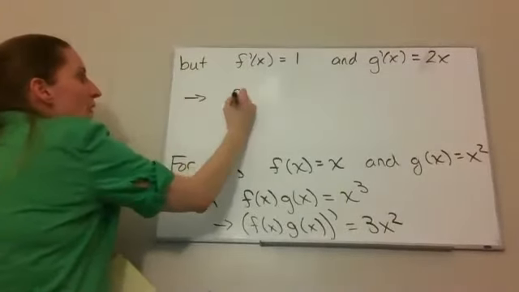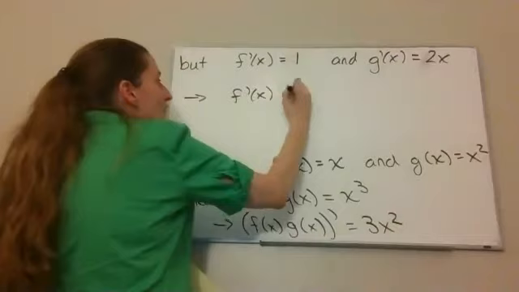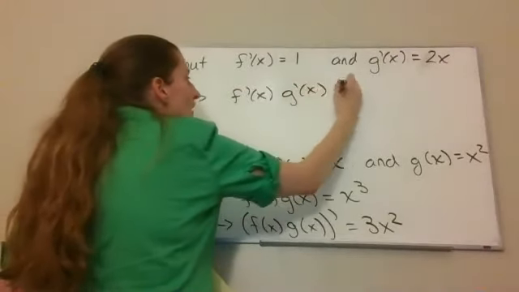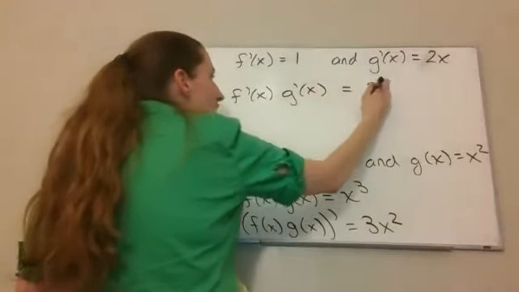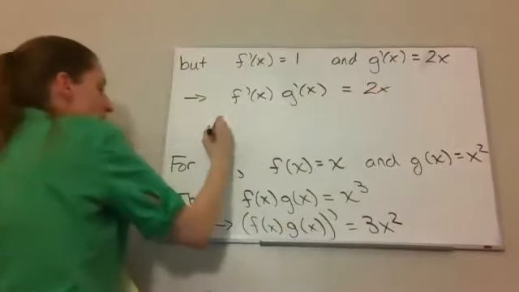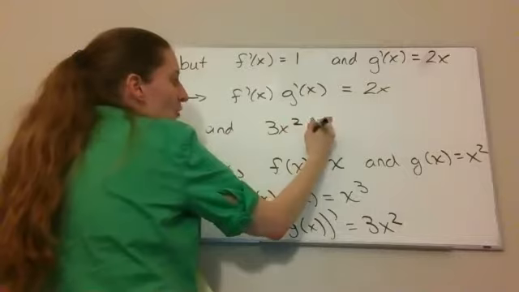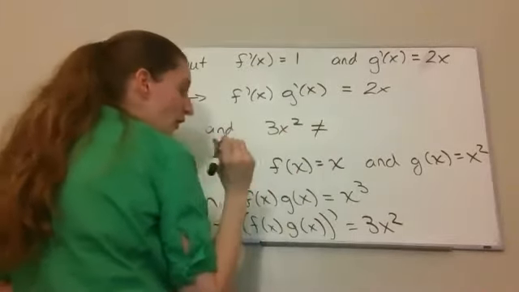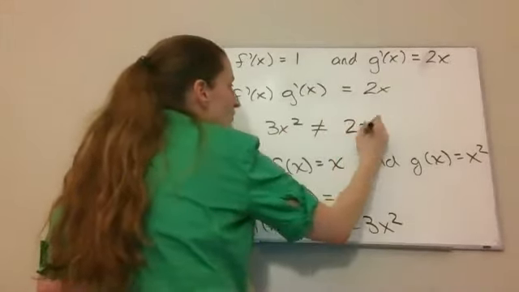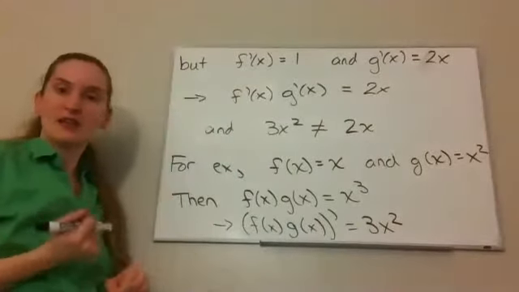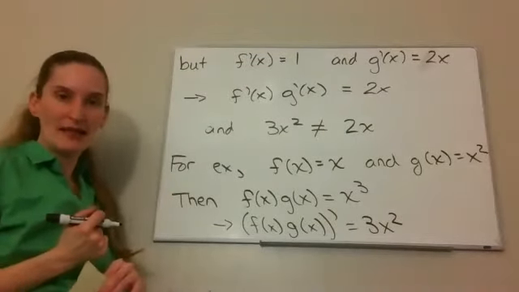So this tells me the derivative of f times the derivative of g is 1 times 2x, which is 2x. So the 3x squared that we got by multiplying our functions together first is not equal to the 2x that we get from taking the derivatives separately and multiplying them together.